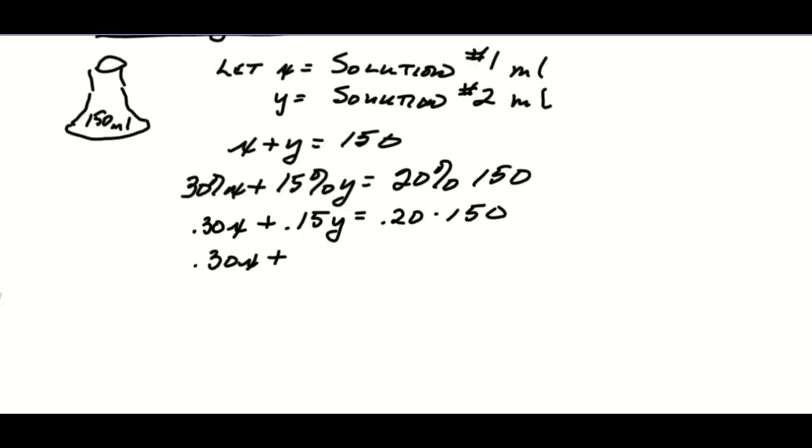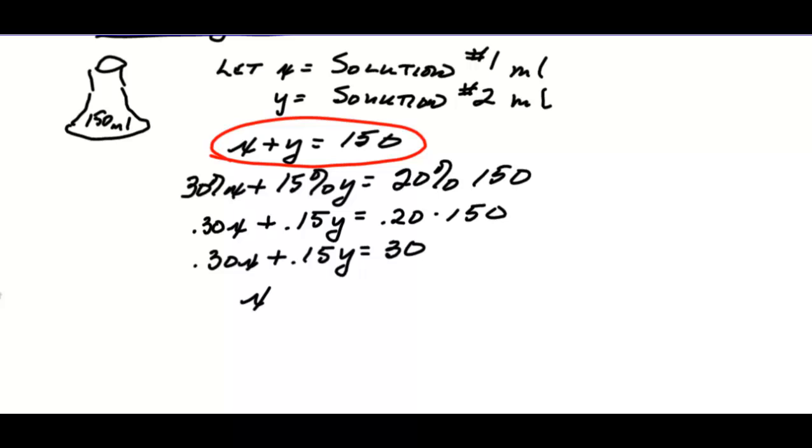Now, if we take that out, we get 0.30X plus 0.15Y is equal to 30. And in our other formula, which is up here, X plus Y equals 150, now what we have to do is multiply through by something if we're going to solve this through the addition property.